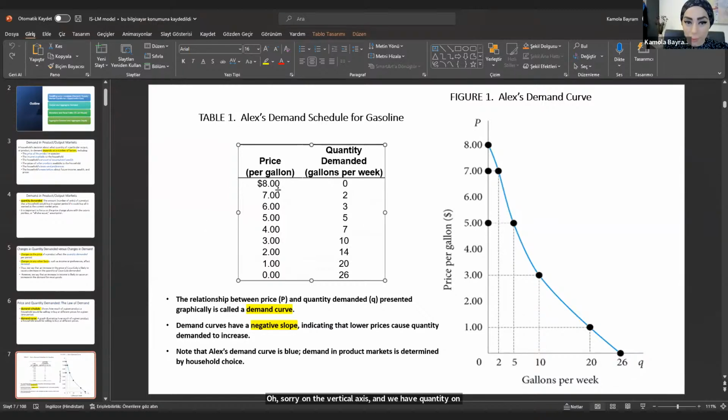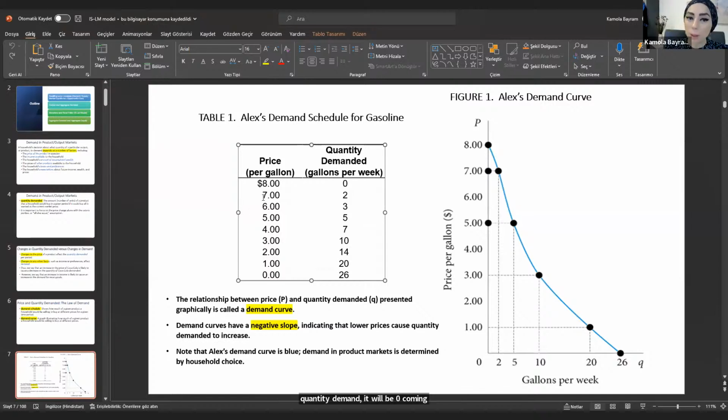So here, when the price is 8 USD, Alex is not going to consume anything. It's too expensive for him. It's not affordable for him. So when you are drawing your demand curve, at the price of 8, the quantity demanded will be 0.